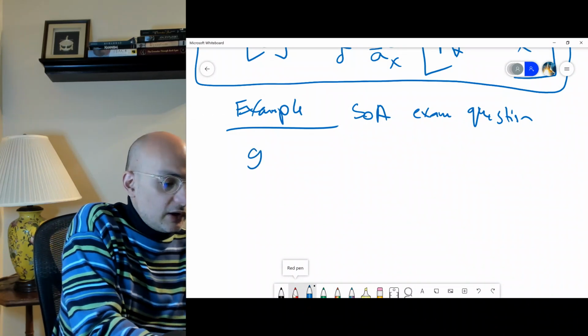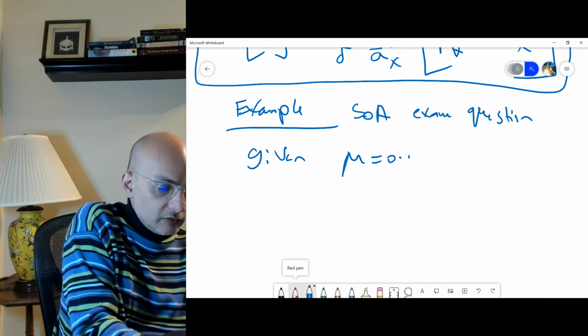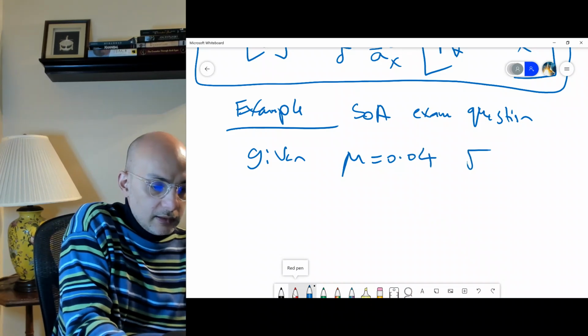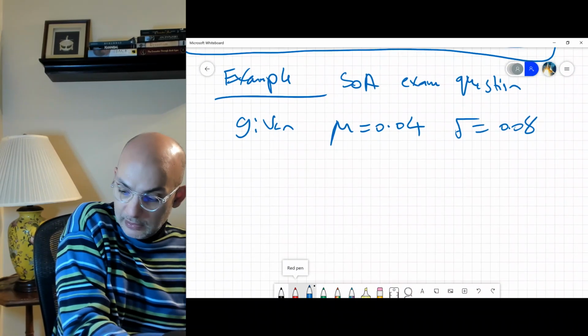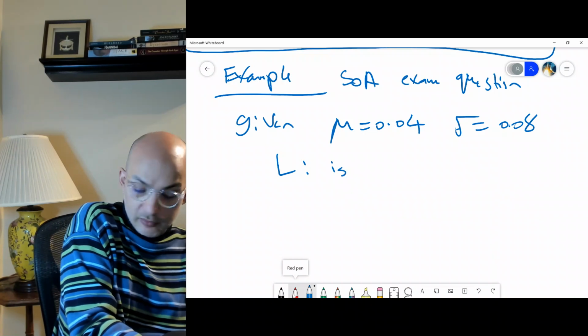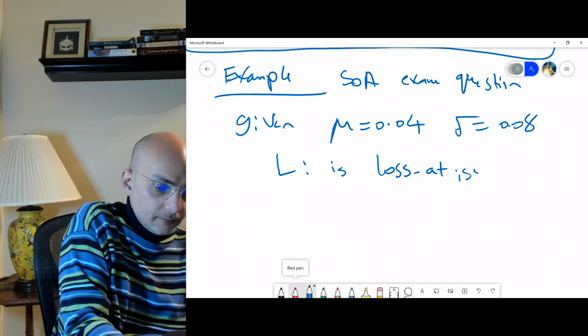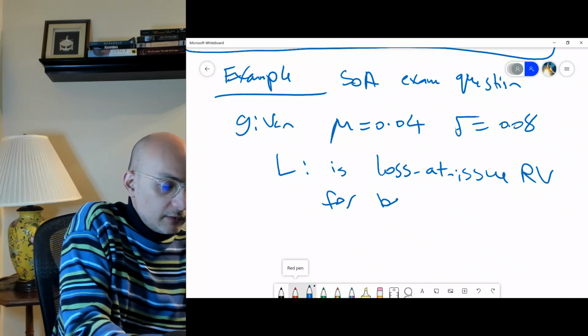What is given to us is mu is 0.4, delta is 0.8, and now it tells us that L is the loss at issue random variable for benefit premium.